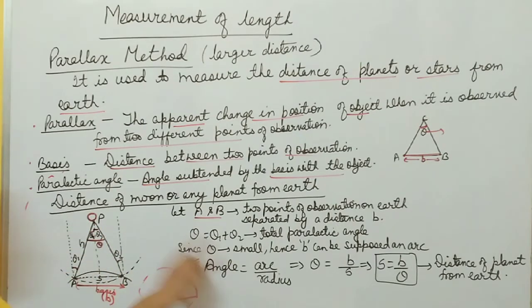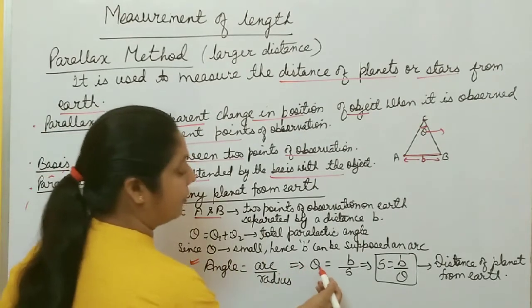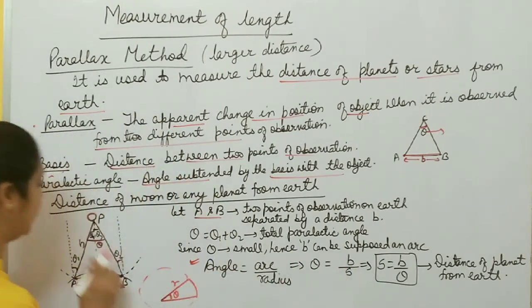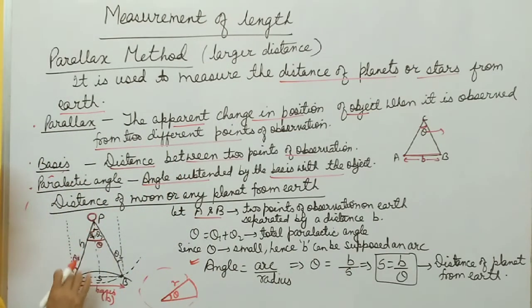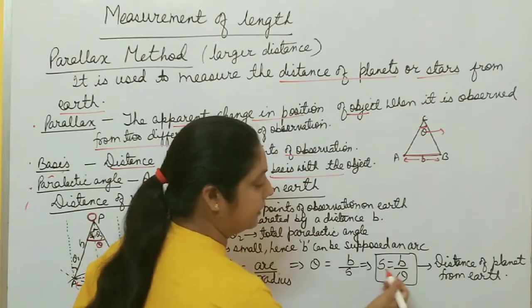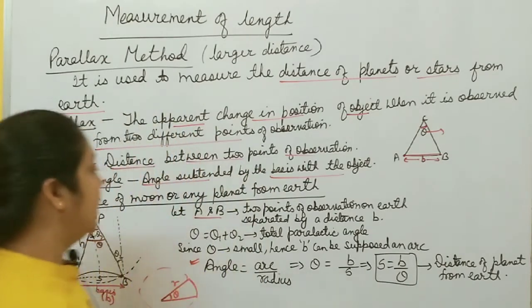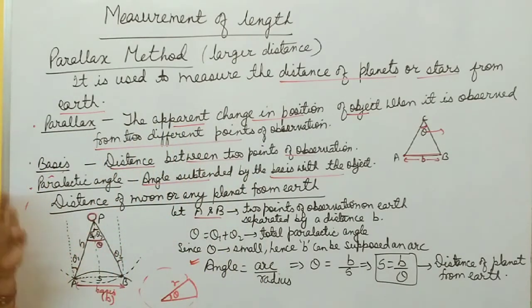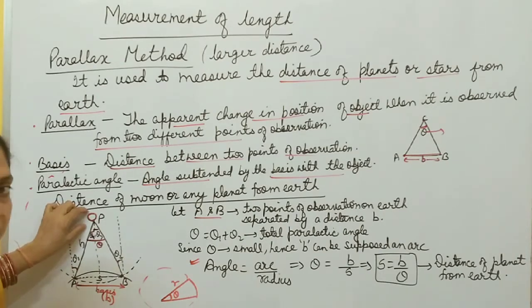Here it acts like a radius, if you draw a circle around this, with Earth there right now. So in this way you calculate theta equals B by S, where S is the distance from the planet to the Earth's surface. And in this way you can calculate S equals B by theta. So using this parallax method, you can easily measure the distance of any planet or astronomical body or star from the Earth's surface. So this is about the parallax method.